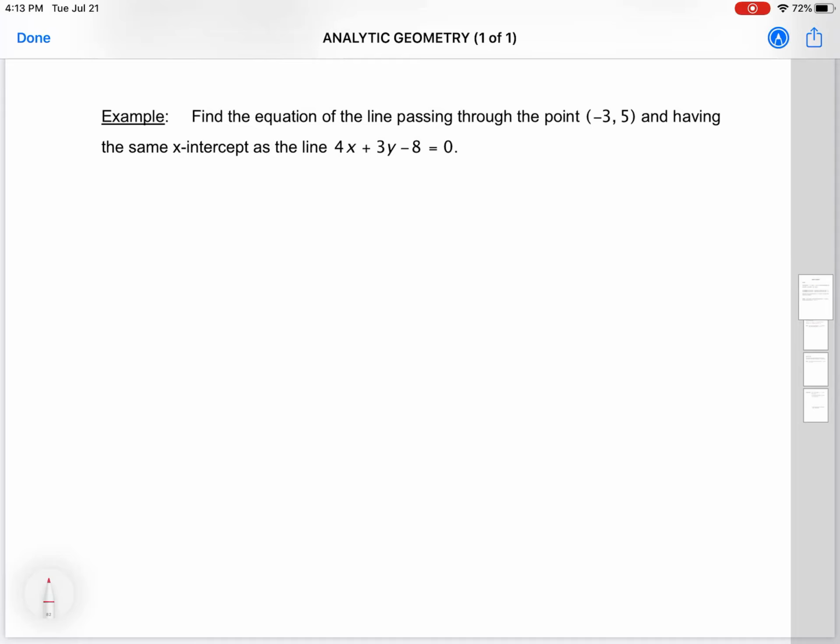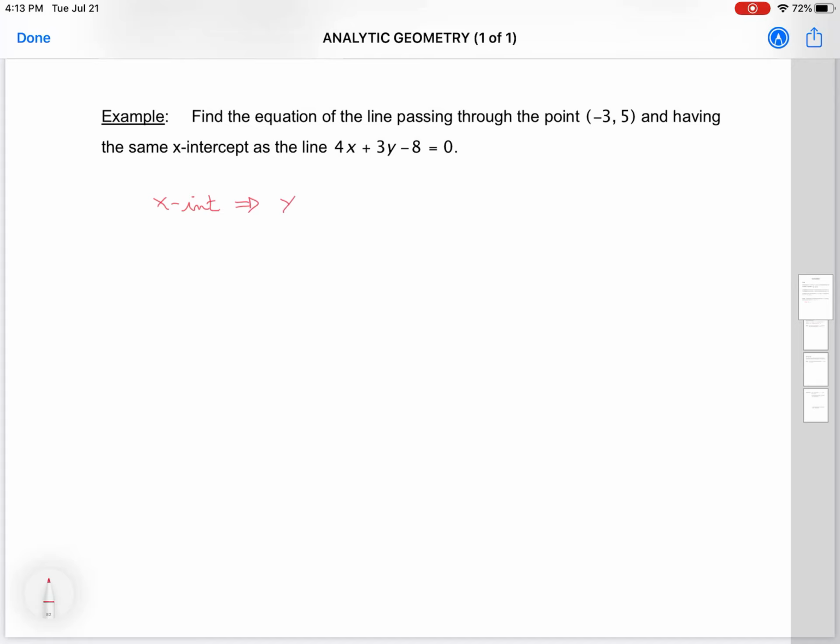We are going to be looking for the equation of a line passing through the point (-3, 5) and having the same x-intercept as the line 4x plus 3y minus 8 equals 0. If you want to find the slope of that line, you need 2 points. So we have to extract another point from the line that has the same x-intercept.